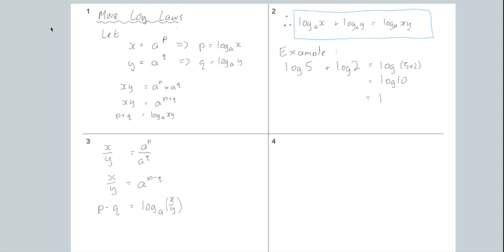We know what P is, we know what Q is, and so we can get our second law. So log base A X minus log base A Y is equal to log base A X over Y.